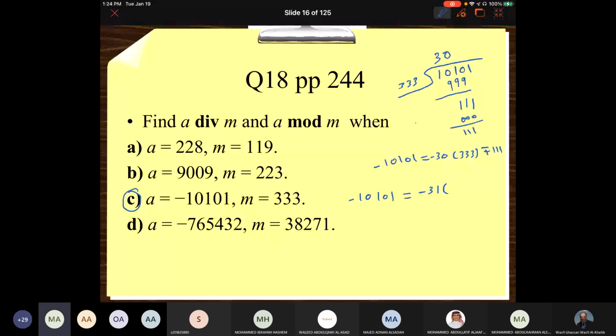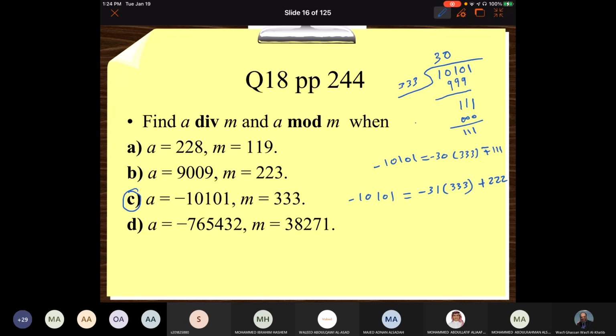فأنا I need to make the remainder positive. How do I make it positive? Well, instead of minus 30, I will consider minus 31. Okay? And what do you think the remainder is going to be equal in this case? Well, it's going to be 222, صح? Which is 333 minus 111.